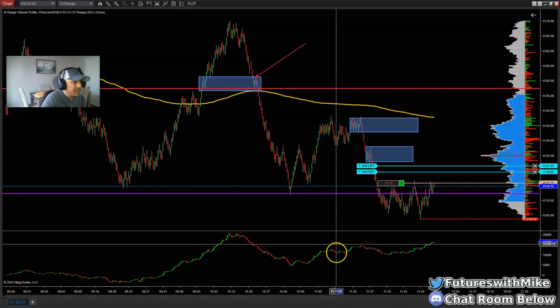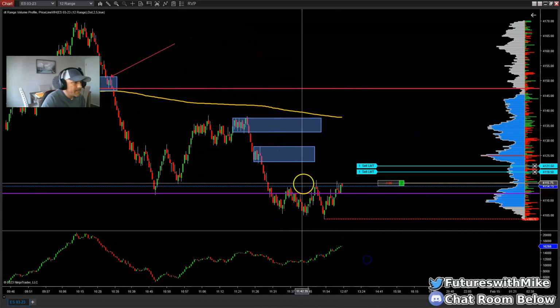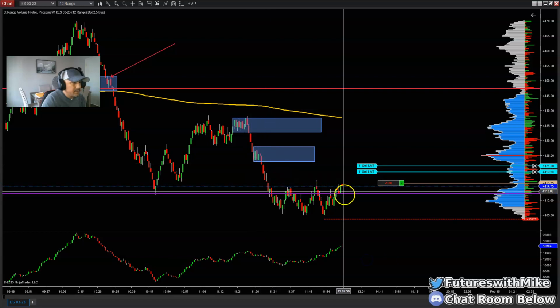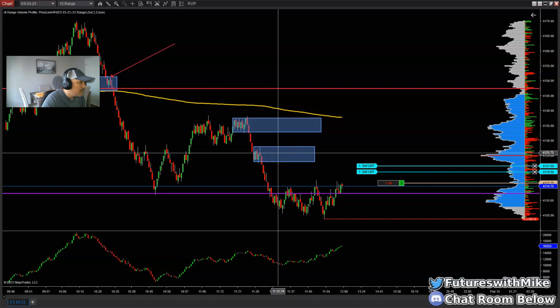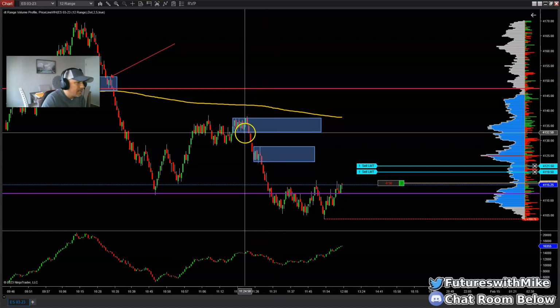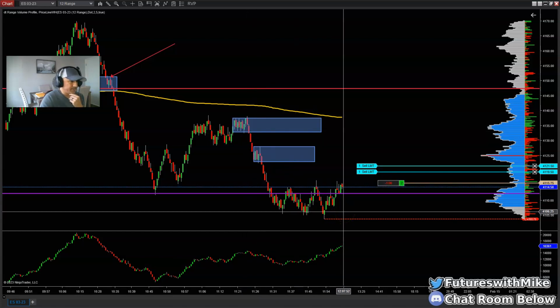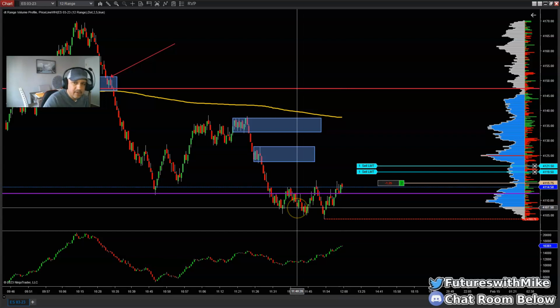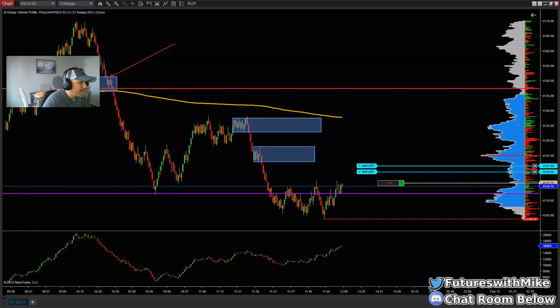So I'm just looking to capitalize off a quick push to the upside. Hopefully we get the momentum to follow through and come back up to test these areas of supply, definitely right here and maybe up here. So just gotta wait it out and play it by ear, and hopefully we get the break to the upside.